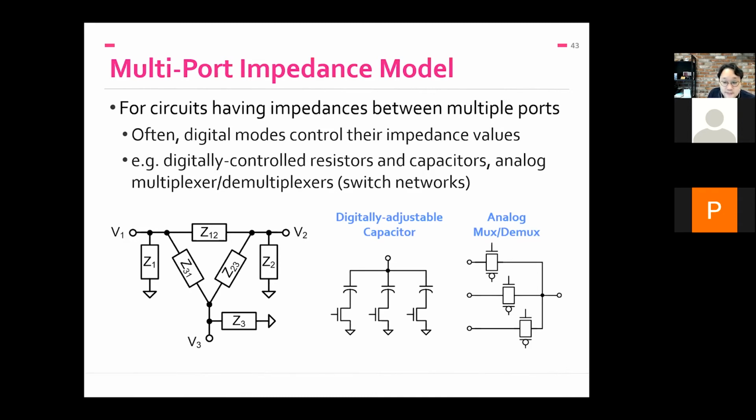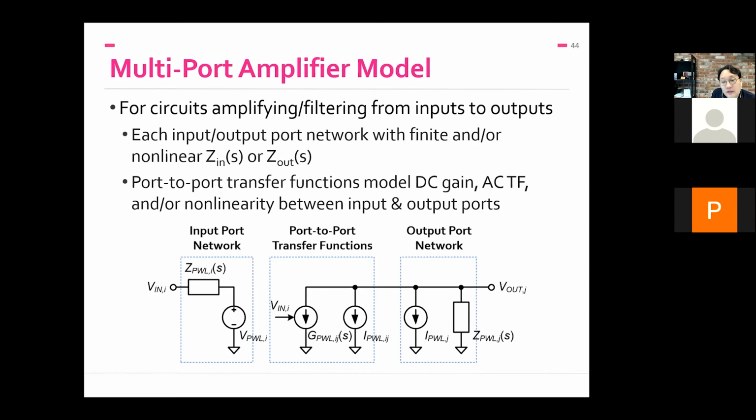The third template is what we call multi-port amplifier model. Here, you now have some transfer function between the ports. Some ports are input, some ports are output. So for example, let's say an amplifier. Each port, whether that's an input or output, we use our one-port model to describe their finite input or output impedance, and maybe some nonlinearity if you want.